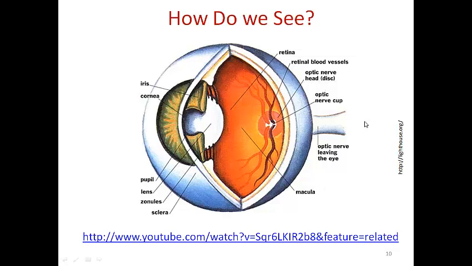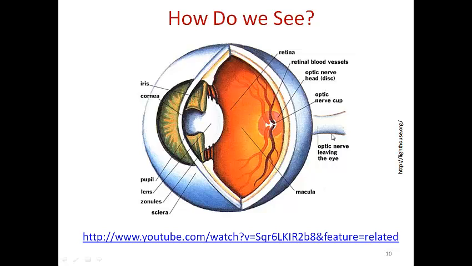But before reaching the optic nerve, the light rays reflecting off the object pass through the cornea right here, the lens and the pupil, and then come to focus on the retina, which is this part right here, before it's sent to the optic nerve and to the brain.